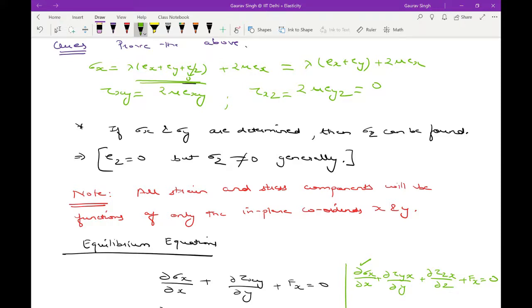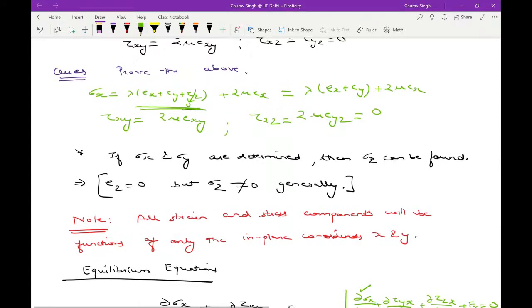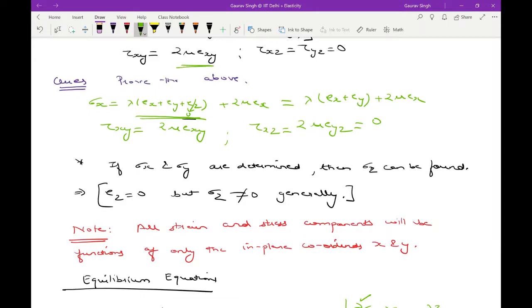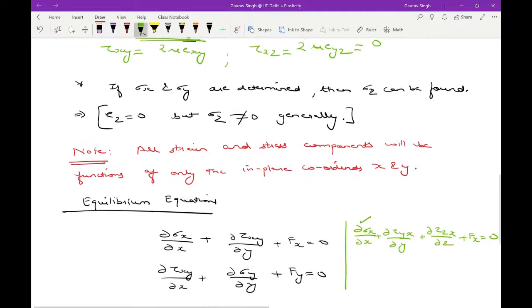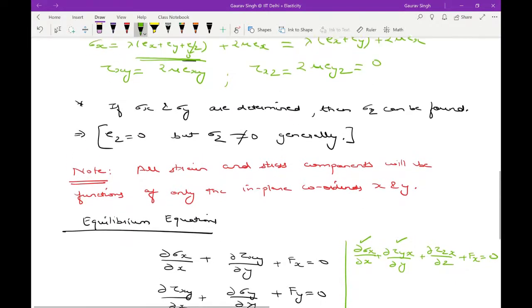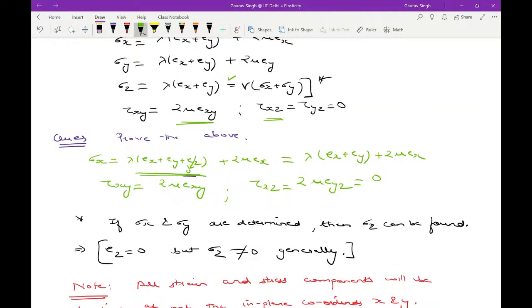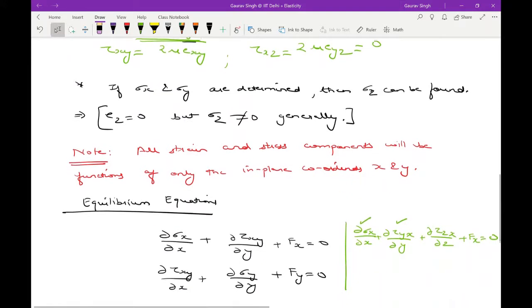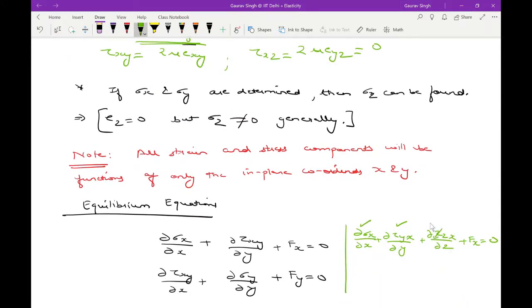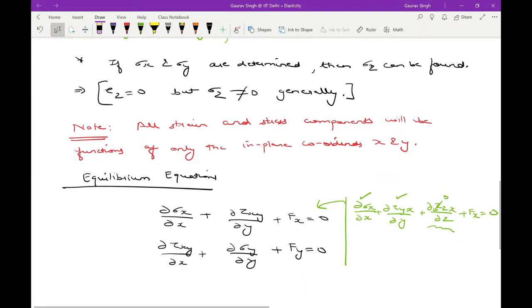Dou tau xy or tau yx will have this value which is non-zero, so that remains. Dou tau zx by dou z will be equal to 0 because tau zx or tau xz is actually 0. So this term will vanish and hence you are coming to this expression. Similarly, you can do the other one.